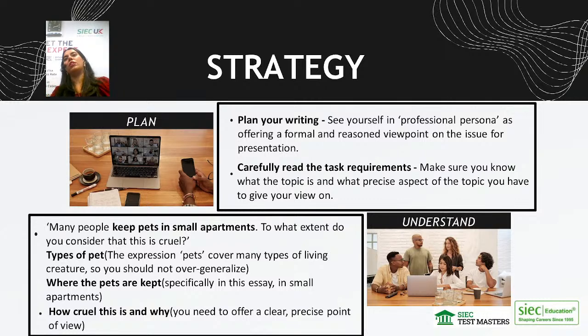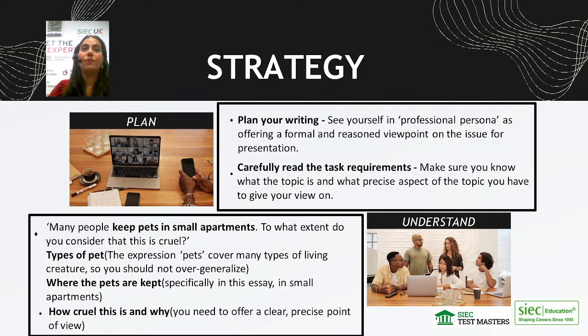In this case, it is saying smaller apartments. Let's say I keep a small little rabbit or a small cute hamster in a small apartment, or in my bedroom. I think it will be a very luxurious place for that animal. But if I keep a big dog, let's say a German Shepherd, in a small room, would that be bad?